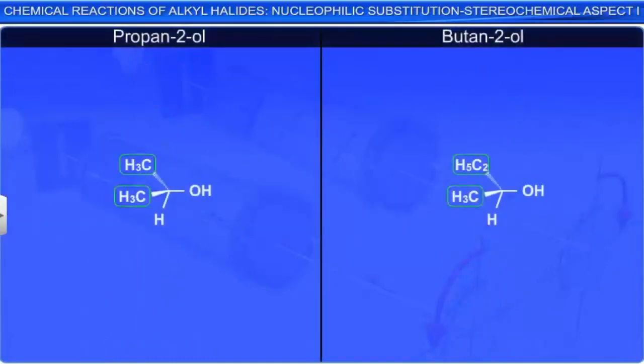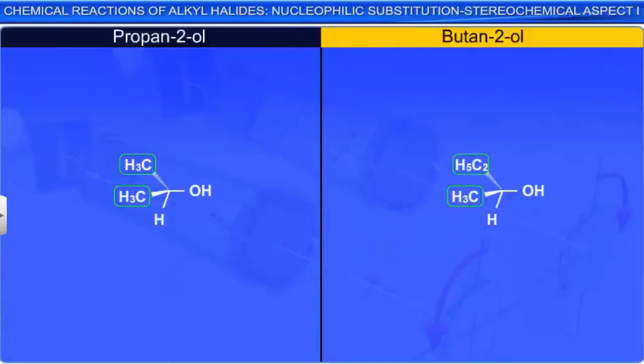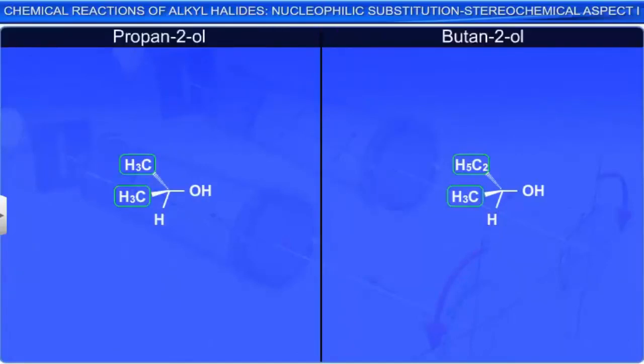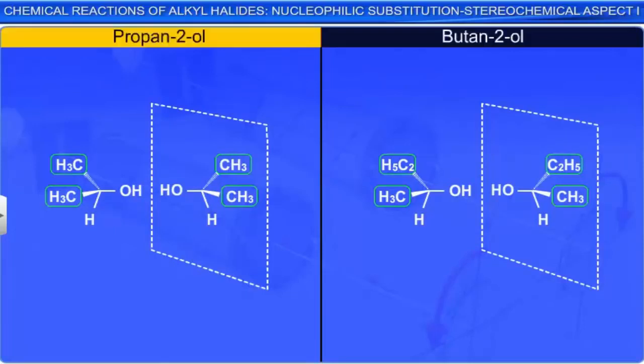Consider two simple molecules, propan-2-ol and butan-2-ol, and their mirror images as shown here. Propan-2-ol does not contain an asymmetric center, since the four groups attached to the tetrahedral carbon are not all different.